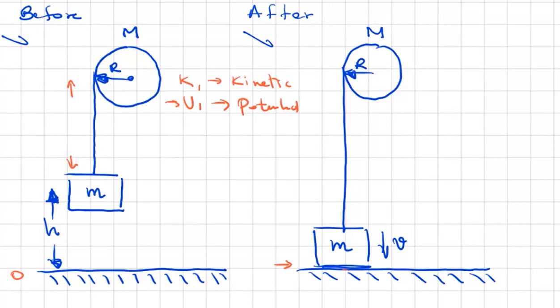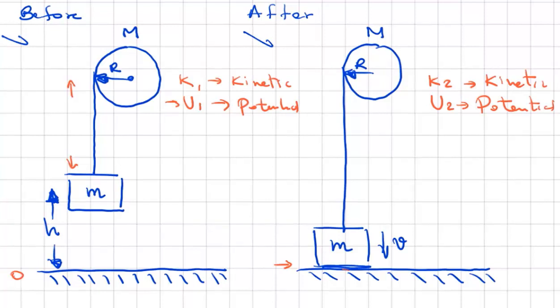So the total energy is going to be the kinetic energy plus the potential energy. So on this part of the problem, we will have the kinetic energy and the potential energy. Okay, guys?